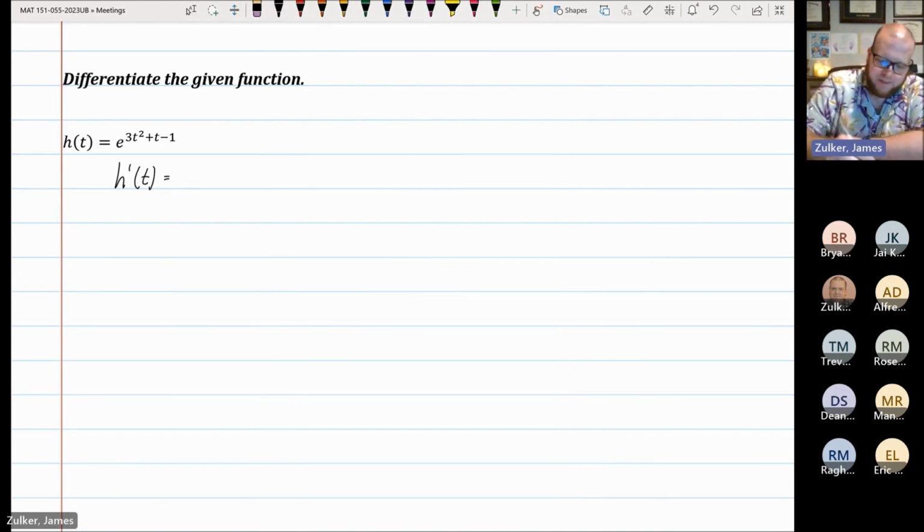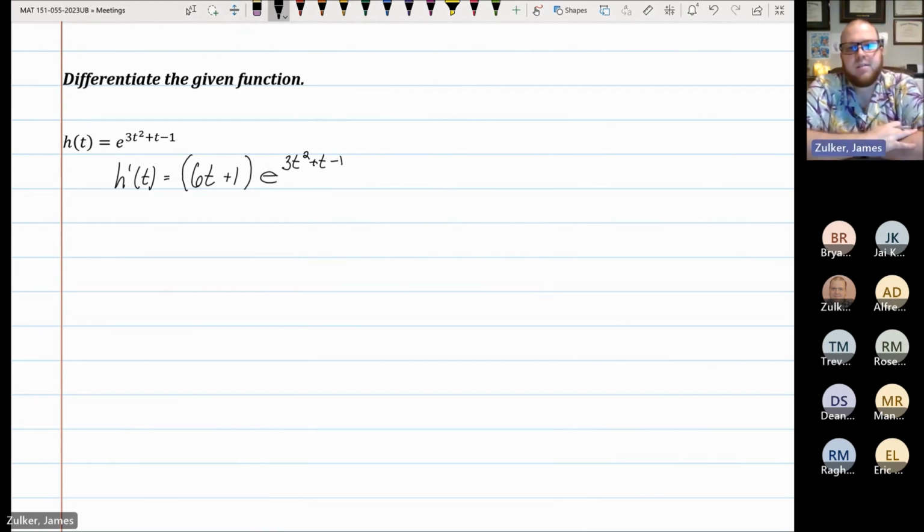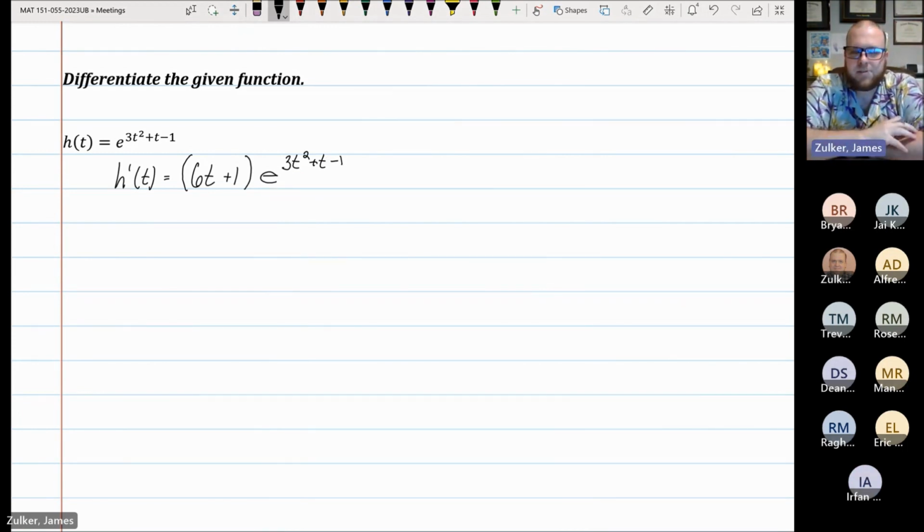So we want the derivative of 3t squared plus t minus 1. What is that derivative? Six t plus 1. And then times our exponential. Right, there's the derivative.